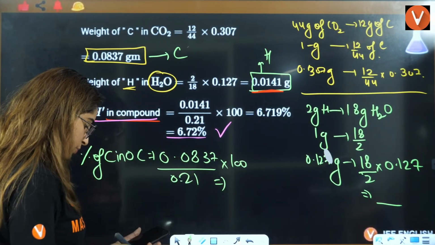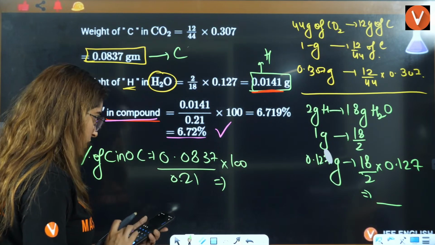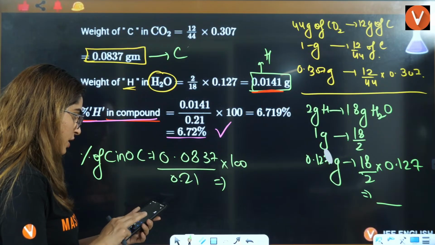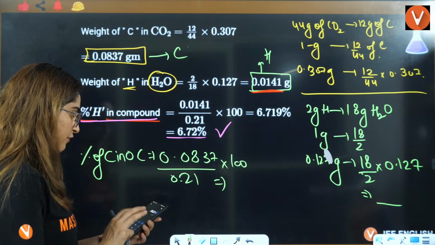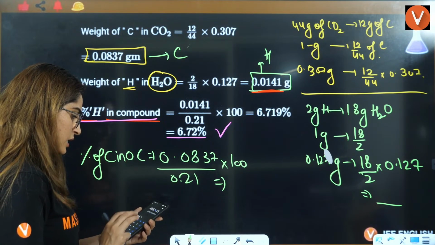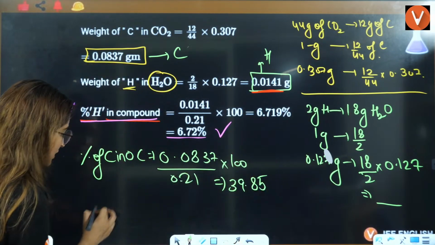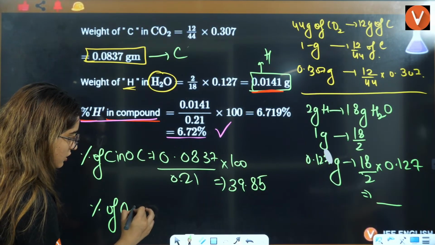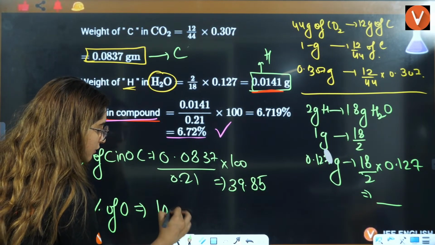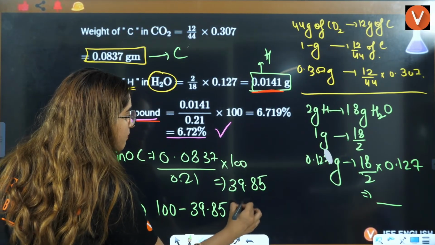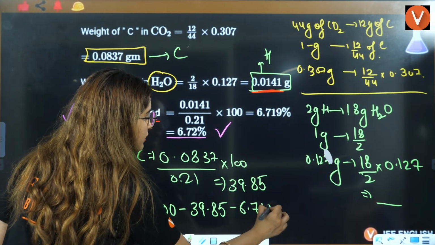That is coming out to be 39 point something, it was 39.85. Percentage of oxygen is going to be 100 minus 39.85 minus 6.719.